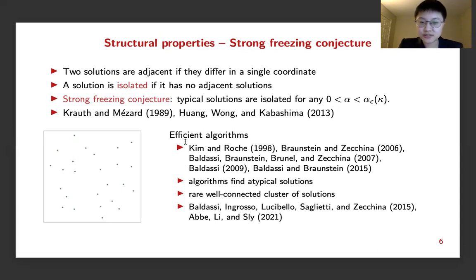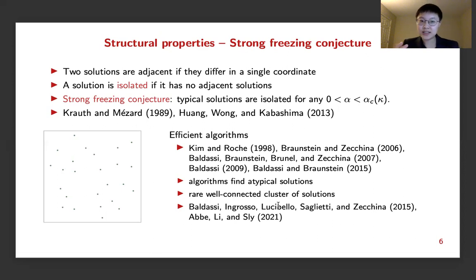But there are also efficient algorithms available. So how do we explain this seemingly contradictory phenomenon between typical isolated solutions, typical computational hardness, and efficient algorithms? It is actually explained by saying that we should expect algorithms to find atypical solutions, and those atypical solutions form rare, well-connected clusters of solutions.